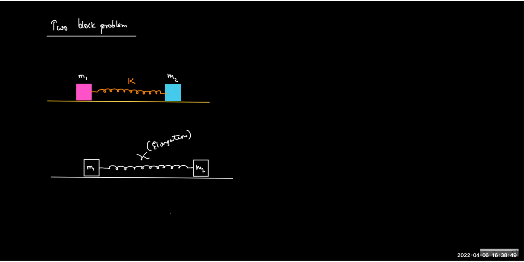So it will be 2 pi root under m2 by k. Tell me again, 2 pi under root m2 by k. So I got m1 m2 by m1 plus m2 into A. Yes.